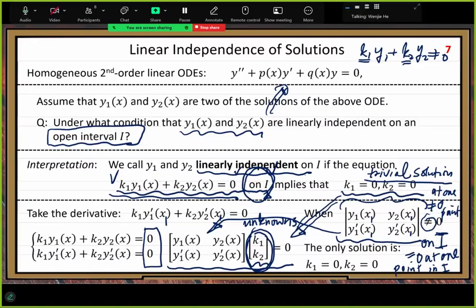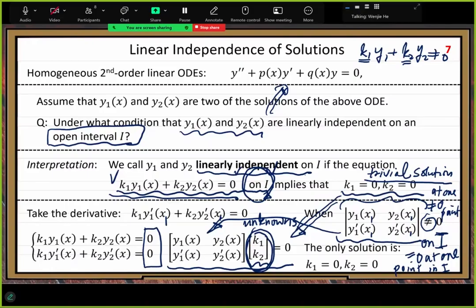Because it equals 0 on I, that means everywhere on that I, not just one point, everywhere on I. But if at one particular point, x1, it is not 0, then the condition is not satisfied, right? So the condition is that it equals 0 everywhere on I implies K1 equals K2 equals 0. That's the meaning of linearly independent.